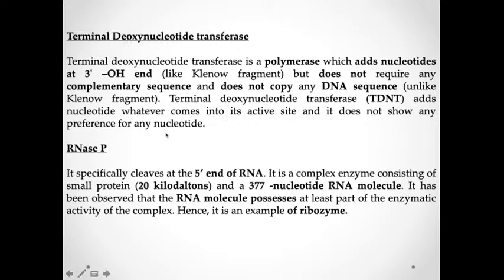It does not show any preference for any nucleotide. On the other hand, RNase P cleaves RNA at the 5' end very specifically, and it is a complex enzyme consisting of a small protein of 20 kilodaltons and a 377 nucleotide RNA molecule. It has been observed that the RNA molecule possesses at least part of the enzymatic activity of the complex. Hence, it is an example of a ribozyme.